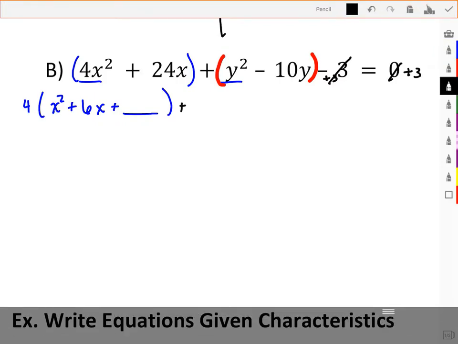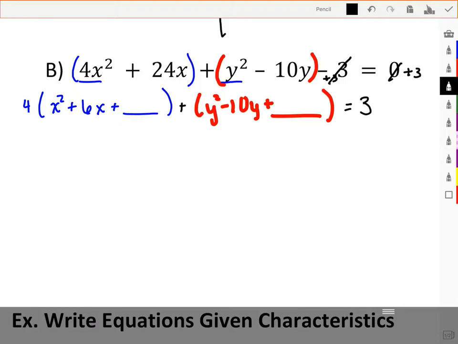Plus, and then my y squared minus 10y. Well, there's not a number that we can factor out of that, so we just leave it as y squared minus 10y. I'm leaving a space. And all that equals 3.